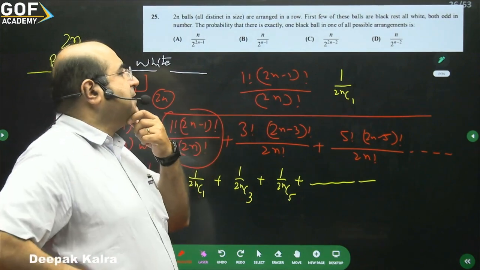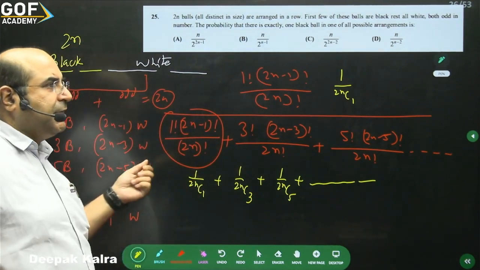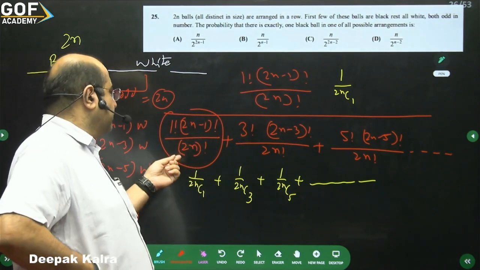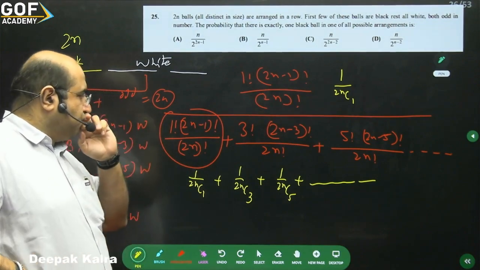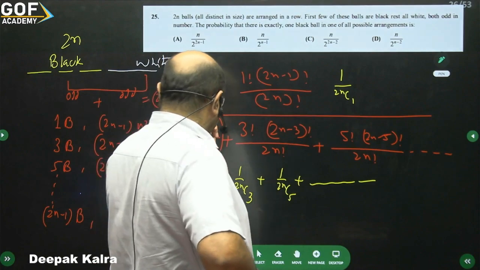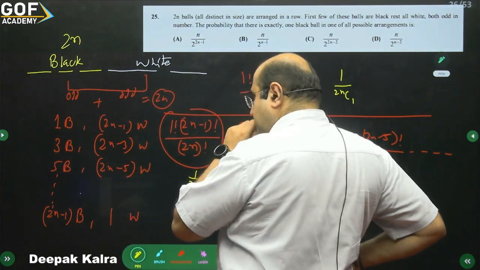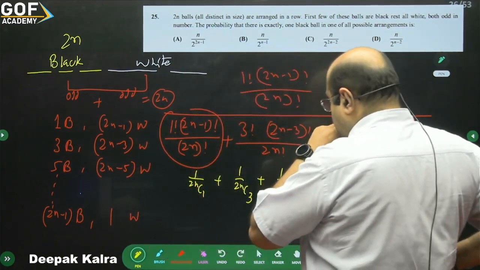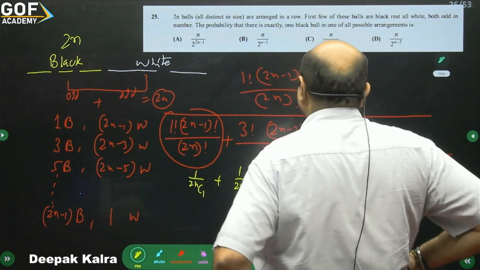All arrangement they are saying, na? So 2n balls we are taking and 2n factorial we are writing. That is not wrong.